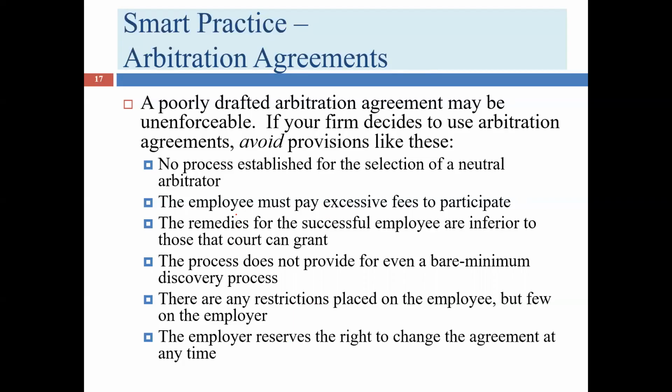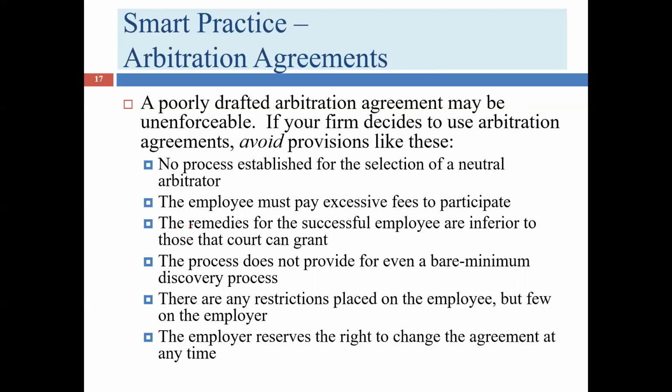An employee under these circumstances is usually out of work and probably doesn't have the money, and so that can become a bar to advancing his claims. You also probably want to make sure that the remedies or the awards that the employee could get through the arbitration process ideally should be the same that he or she would have gotten if he or she had advanced the claims in the court system.